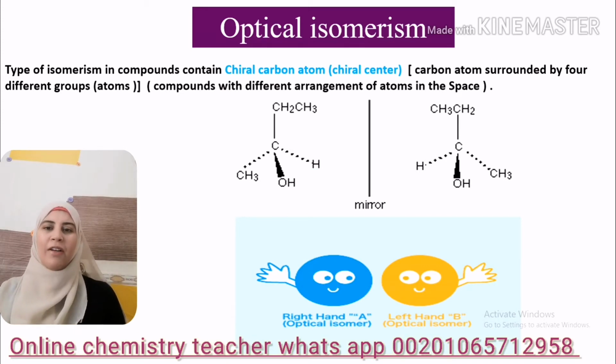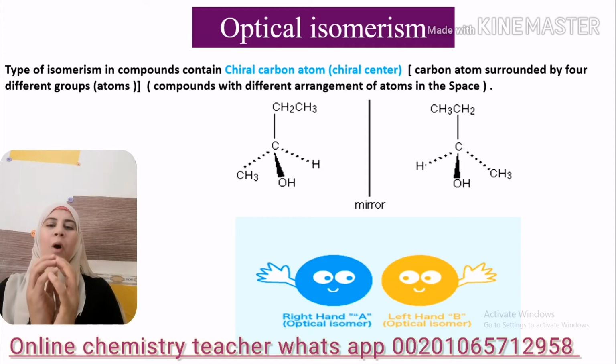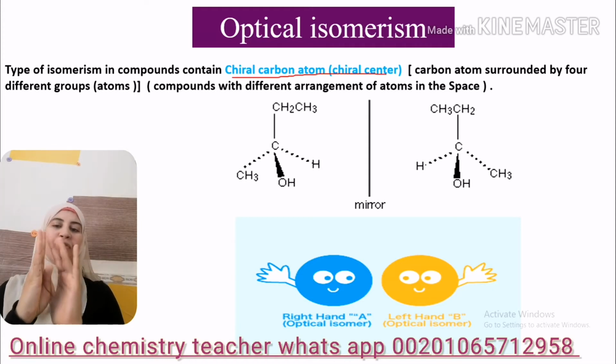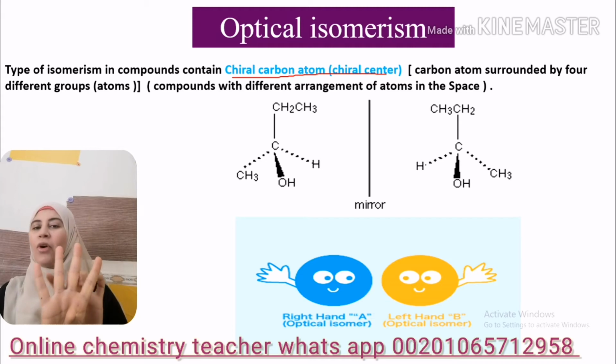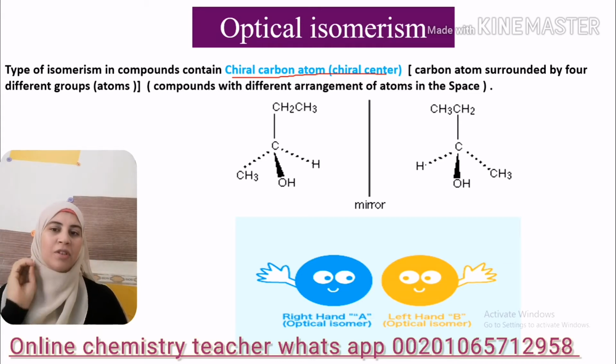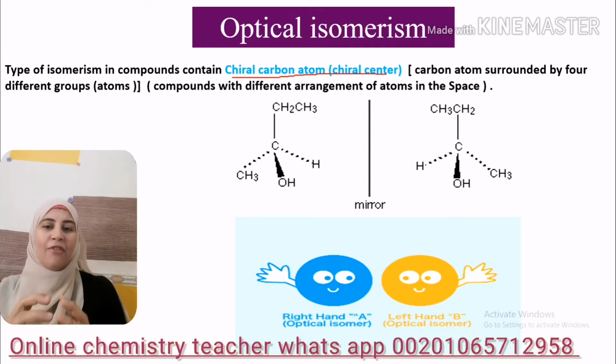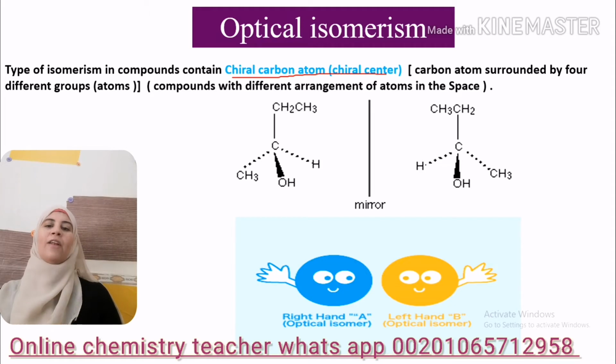What's the meaning of chiral carbon atom? It is any carbon atom surrounded by 4 different atoms or 4 different groups. So you must have 4 different atoms or 4 different groups to say that we have a chiral carbon atom.